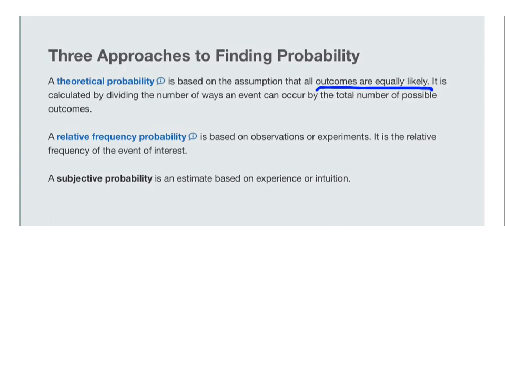Subjective probability is an estimate based on experience or intuition, but I feel like that makes it sound weaker than it actually is. This type of probability is perhaps a better philosophical explanation of what probability is, and it's acknowledging the fact that we are just trying to approximate or estimate or predict, and that we do not know for certain what these probabilities are.